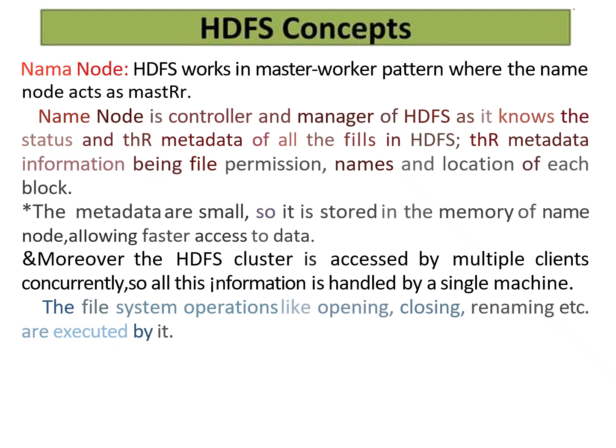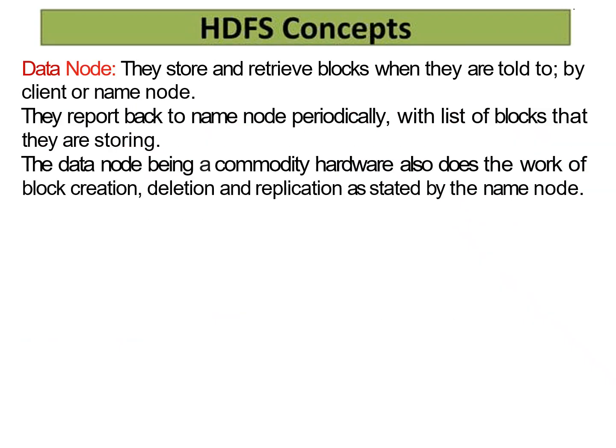Data has to be allocated to those data nodes, and tasks have to be monitored, whether the task has been completed. All these are controlled and managed by your name node. File location, sharing data, metadata handling, and accessing the data in the storage, all these are handled by the name node.